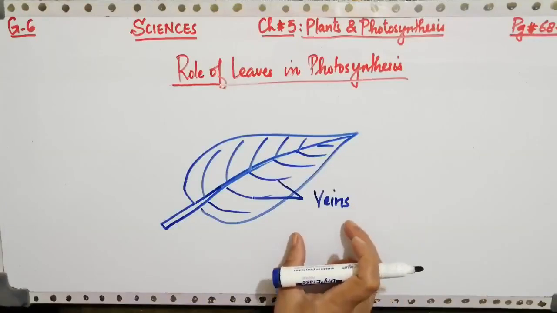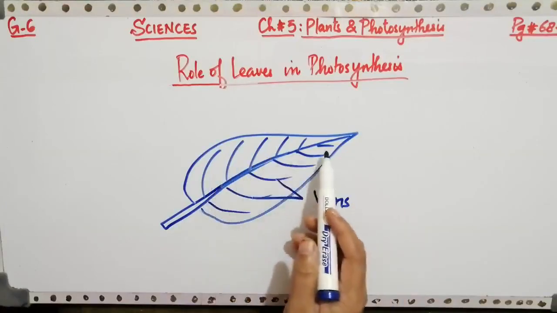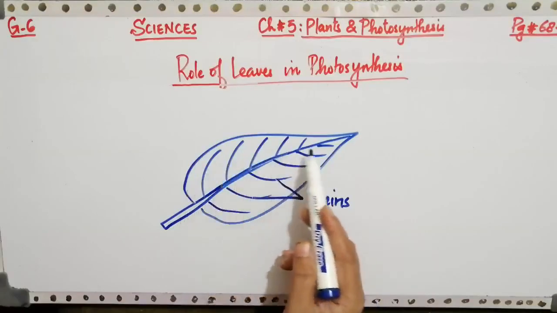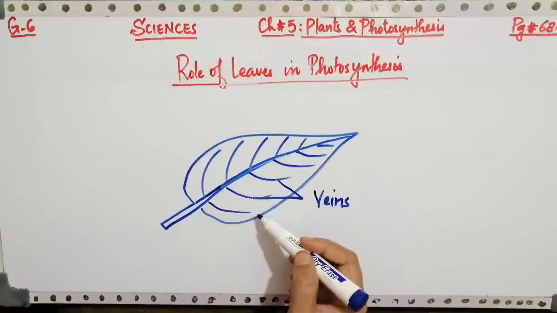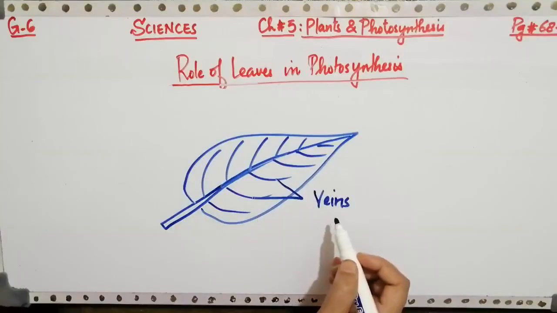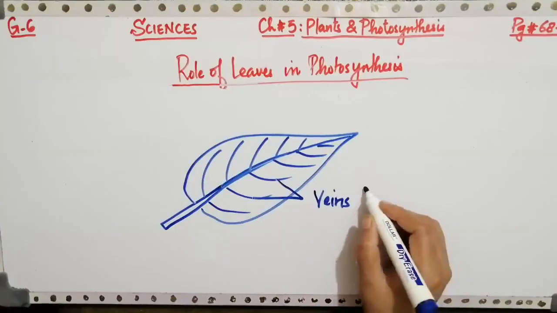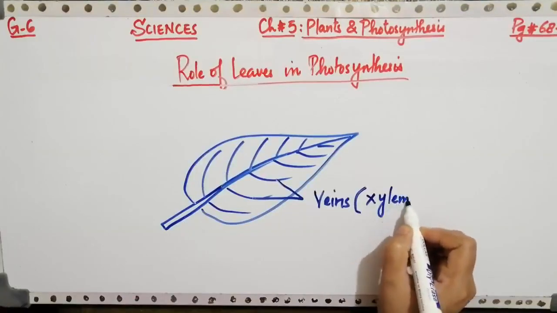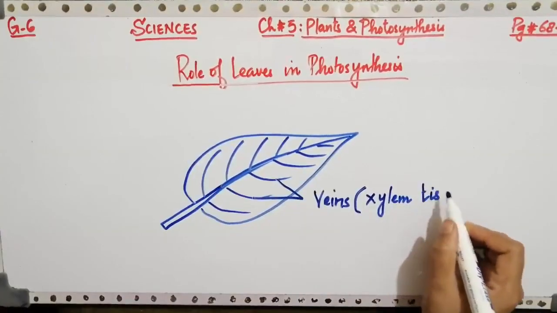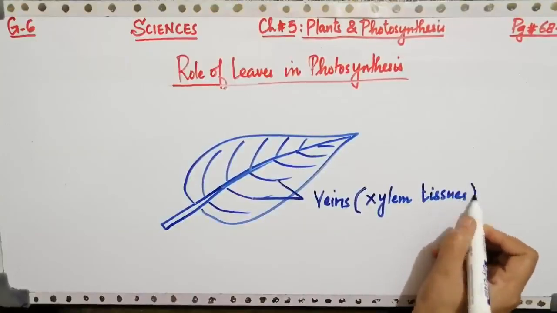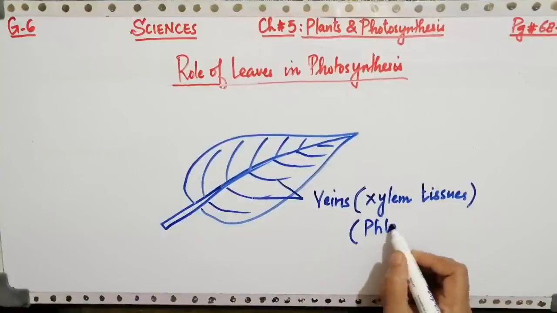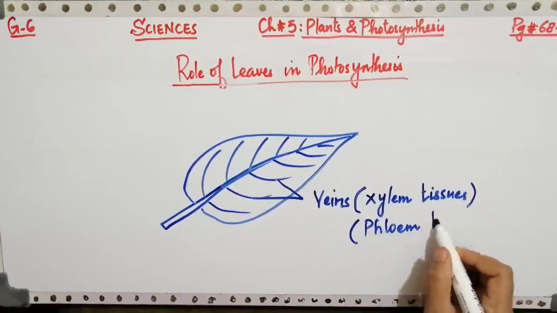यानी वेन्स क्या हैं? वेन्स लीफ के अंदर वो शाखें हैं, वो ब्रांचेस हैं जो कि पूरे लीफ के अंदर फैली हुई होती हैं. And these veins are made up of two important tissues. One is xylem, that are the xylem tissues, while the other tubes which are present in veins are called phloem tissues.